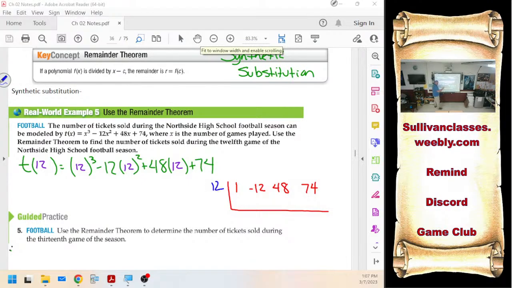I don't change a sign. I just synthetically substitute in a 12 and get 12 by 1 is 12. Add them together, I get a 0. 12 by 0 is 0. 48 plus 0 is still 48. 12 by 48 is 576.